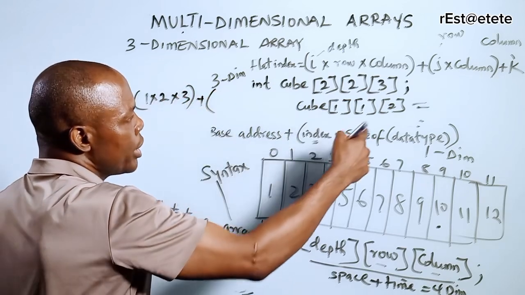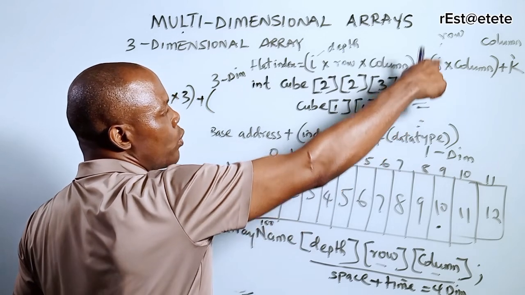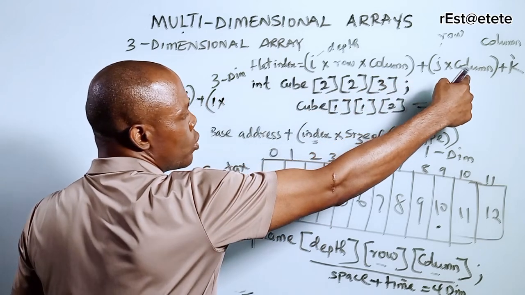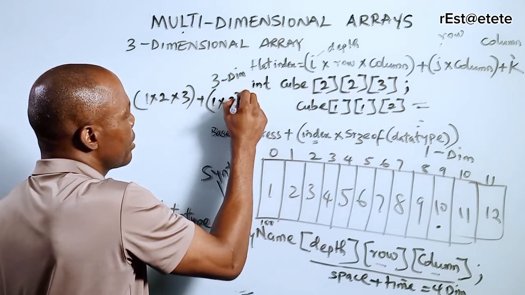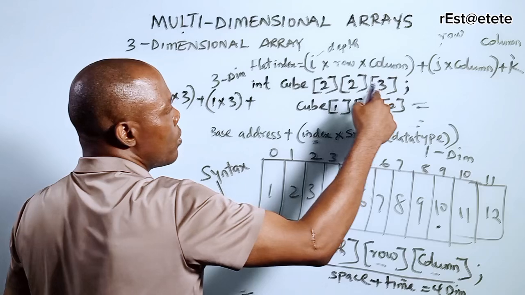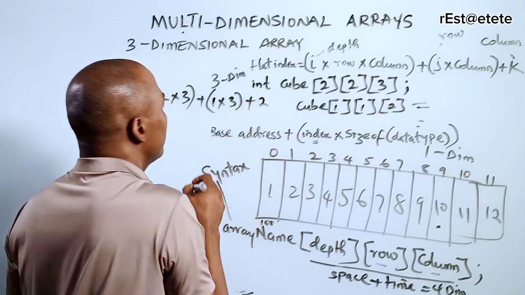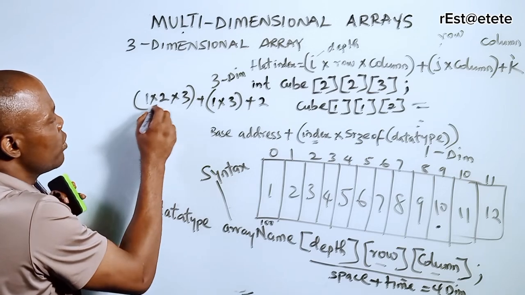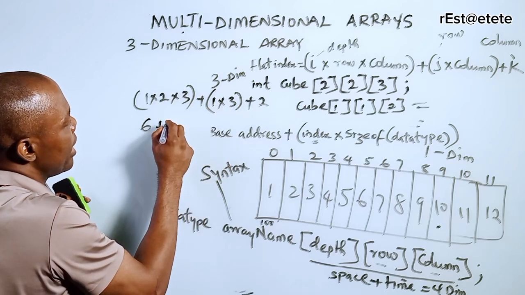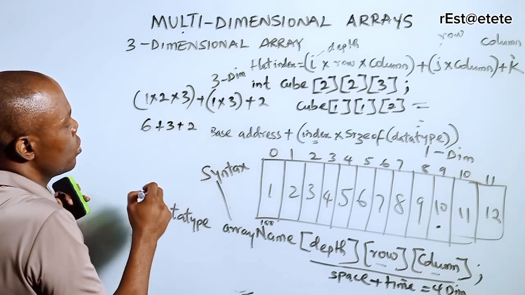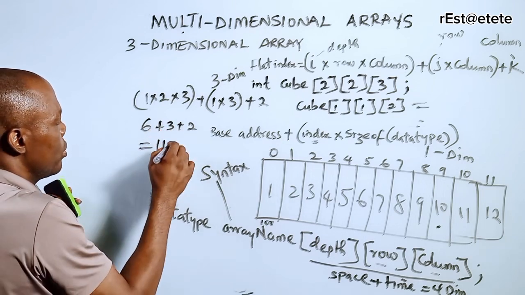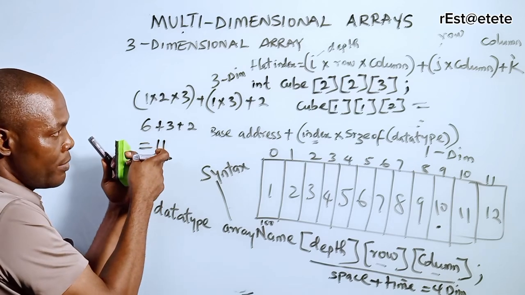Plus J, the index for row, which is 1, multiplied by column, which is 3. Plus K, the index for column, which is 2. So 1 times 2 times 3 gives me 6, plus 1 times 3, that is 3, plus 2. So this gives me 6 plus 3 plus 2, which is 11. So this will be the index, 11.